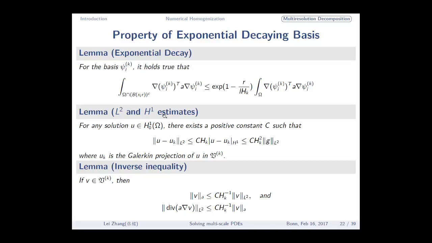The A norm is controlled by the L2 norm times C hk inverse. You can even prove this because divergence A gradient belongs to L2: it belongs to the summation of the measurement functions, and if you choose good measurement functions, it is L2. So you have this higher order inverse inequality as well.